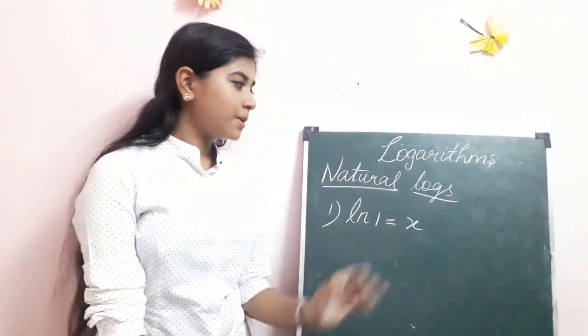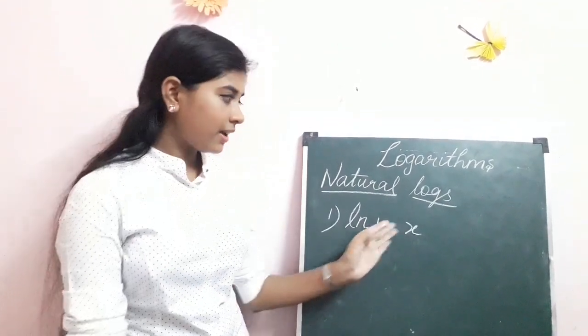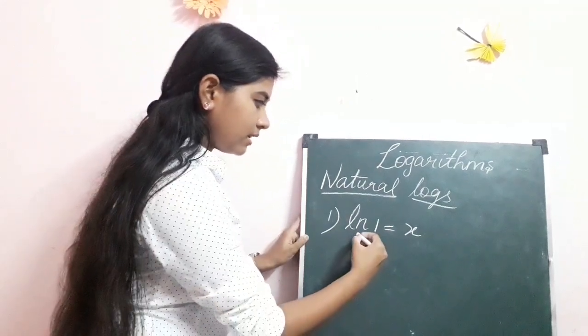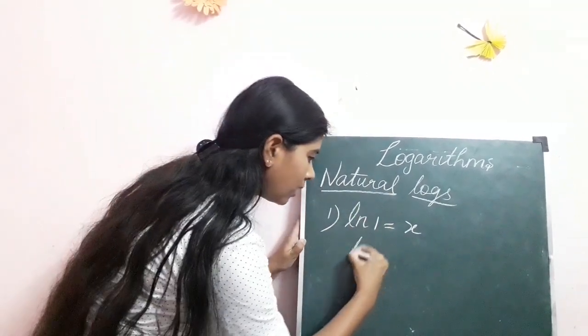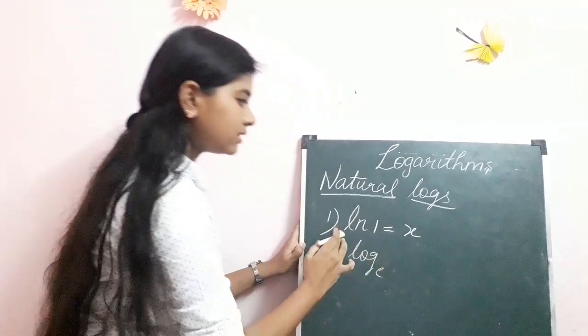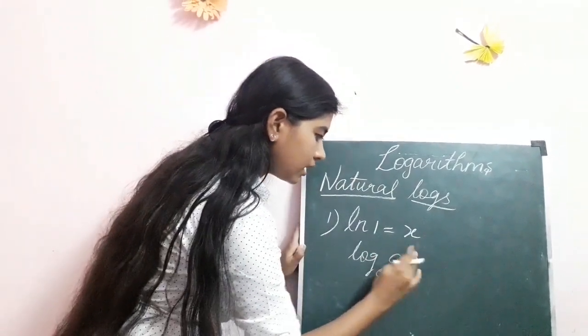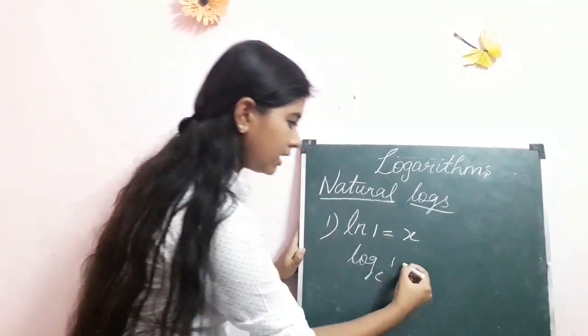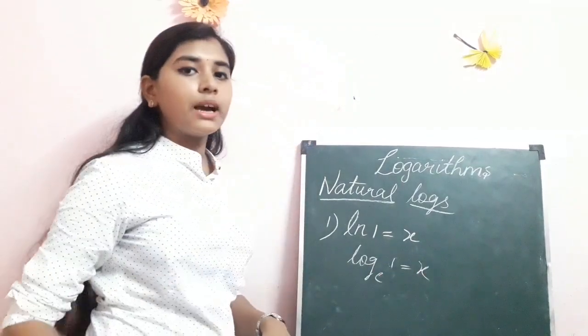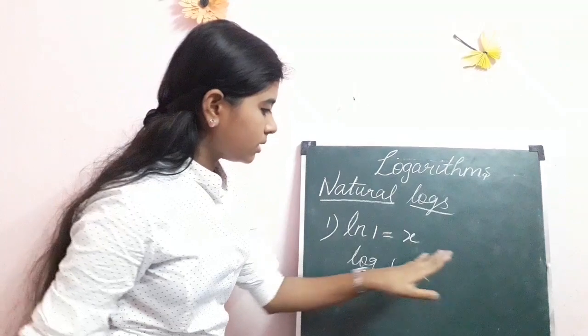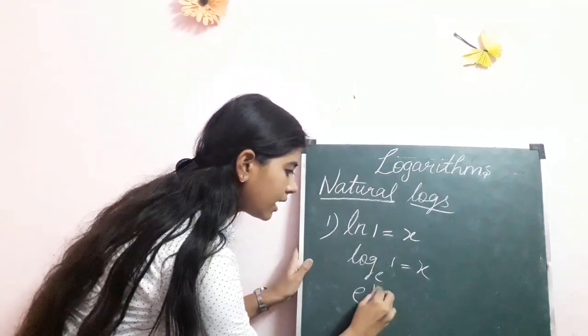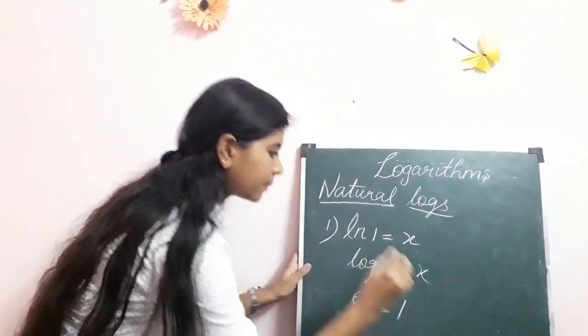Think if I have a problem like this, ln 1 equals x. I can rewrite it as log of 1 to the base e, since ln is nothing but log base e. So log of 1 base e equals x. As we did in the above problems, raise to the power. So e to the power x equals 1.